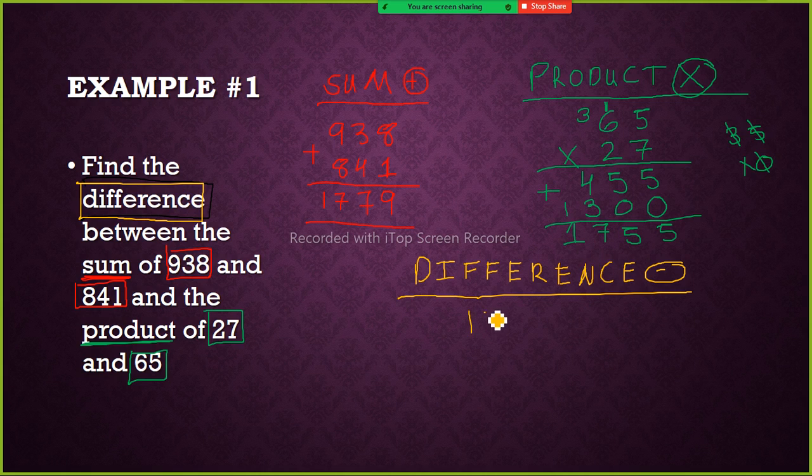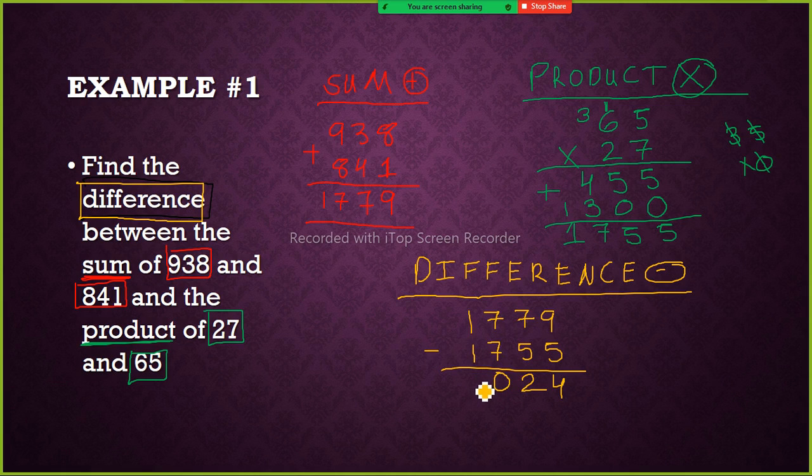So that's 1,779 minus 1,755. Okay, we know that 9 minus 5 is 4. 7 minus 5 is 2. And 7 minus 7 is 0.